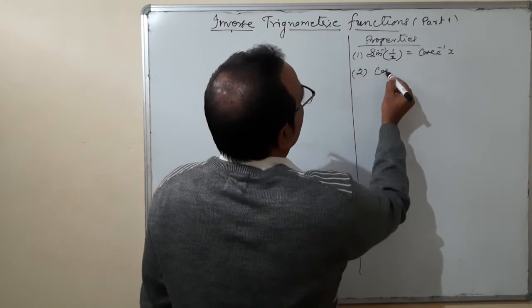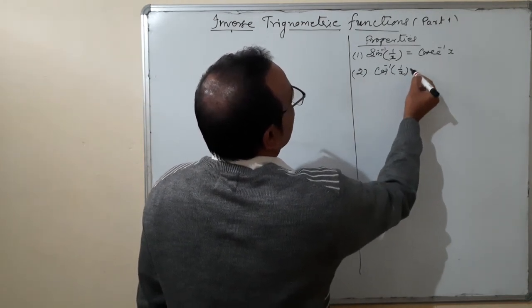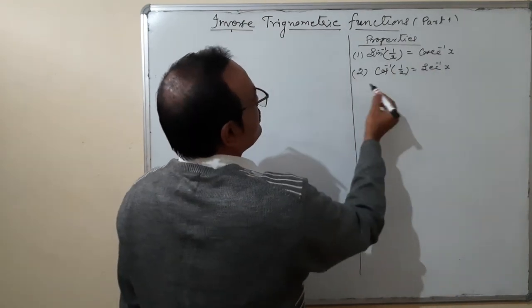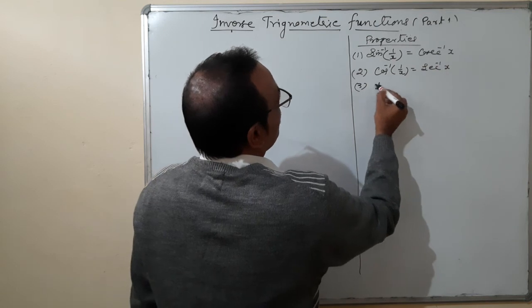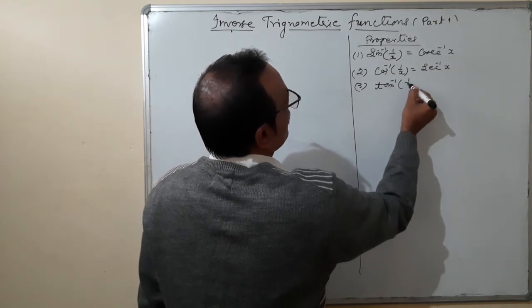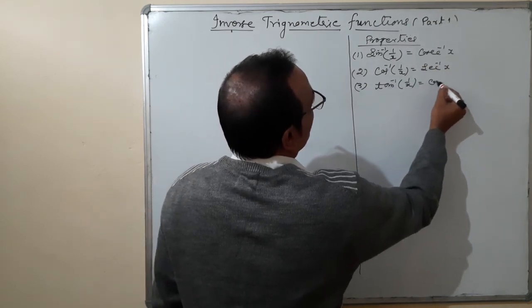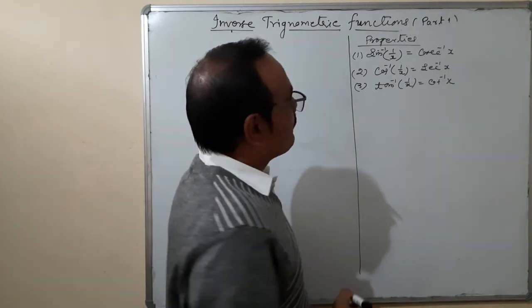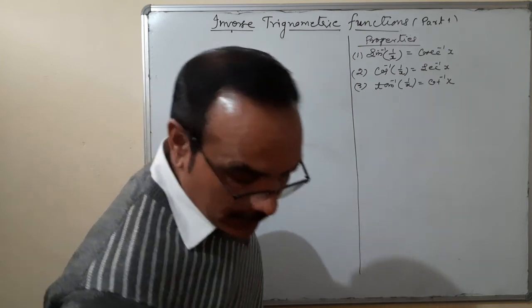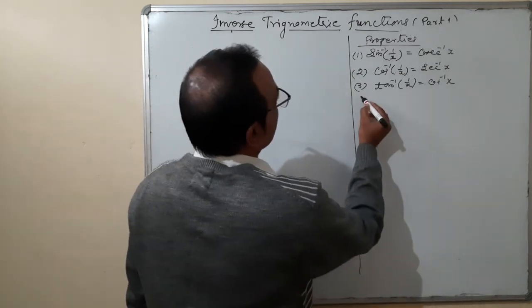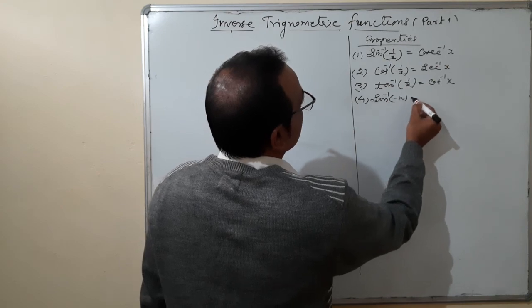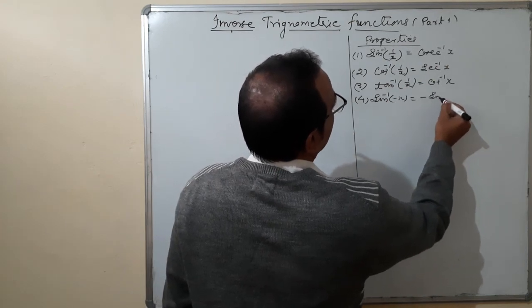Cos inverse 1 upon x is equal to sec inverse x, and vice versa is also true. Tan inverse 1 upon x is equal to cot inverse x. Okay. Next one is, yes, sin inverse minus x is equal to minus sin inverse x.